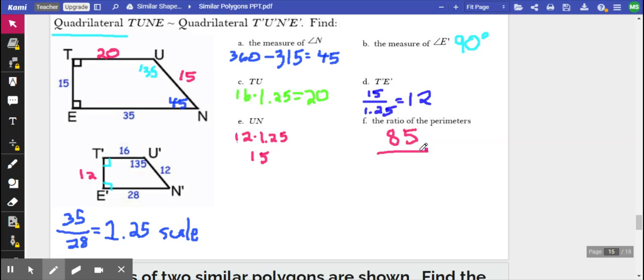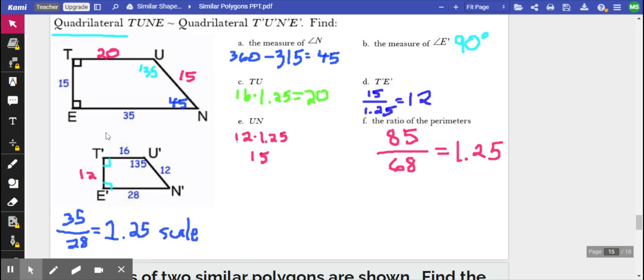And then the perimeter of our smaller shape would end up as 68. And if we do 85 divided by 68, we end up with an answer of 1.25, which is equal to our scale factor. And we've shown that the perimeter also follows along with our rules about similar proportional sides, and it is also proportional.